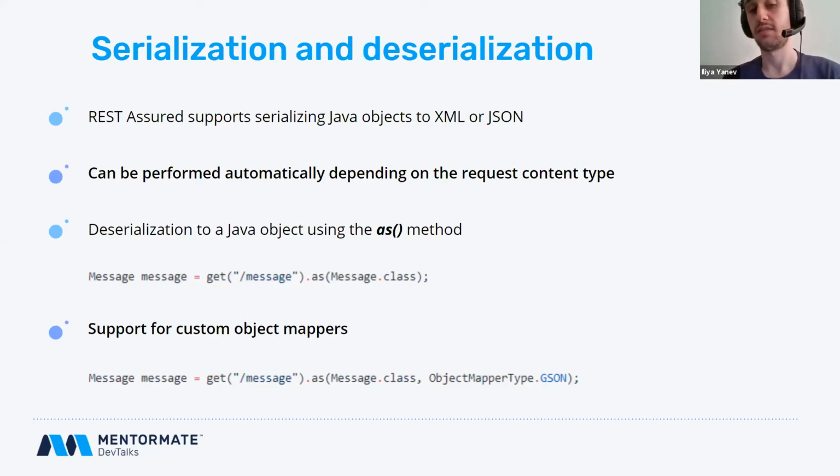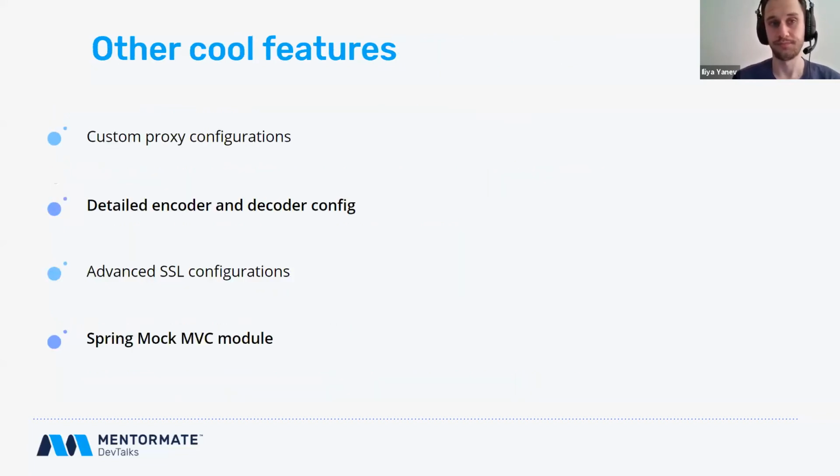And if you find that you can't use the automatic way, you need some custom logic in there, you can always create your custom object data mapper and apply that as well. At the bottom, you can see that I'm using an object mapper type of JSON to deserialize my request. And that's everything there is to it. You just have to supply your custom data mapper if you require some additional logic to be put in there.